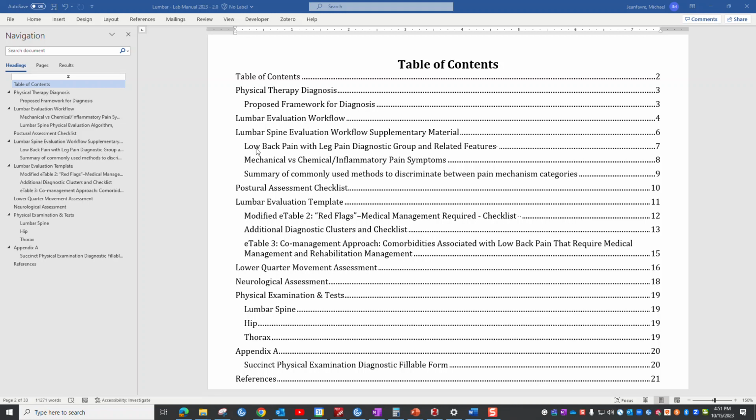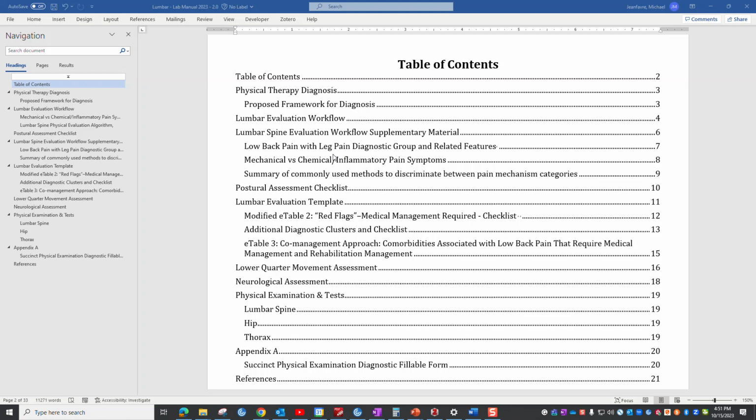We talk about some additional subcategorization and assessments and workflow tree with low back pain and leg pain and how you discern and differentiate between nociceptive, neuropathic, and centralized pain. We talk about the mechanical versus chemical inflammatory back pain symptoms and presentations.